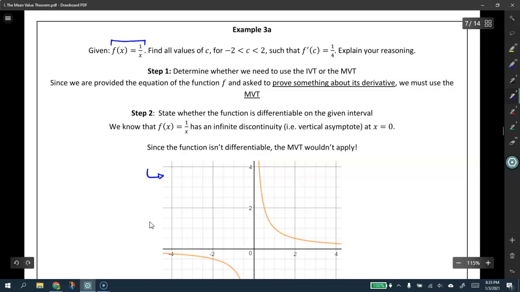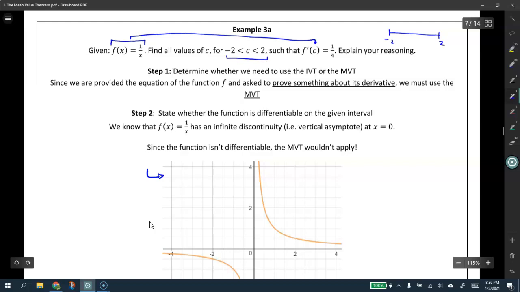So in a question like this, let's suppose they asked you on the interval -2 to 2, so here's -2, and here is +2, to tell if the derivative is ever equal to 1/4.